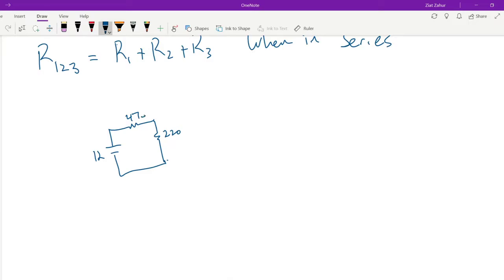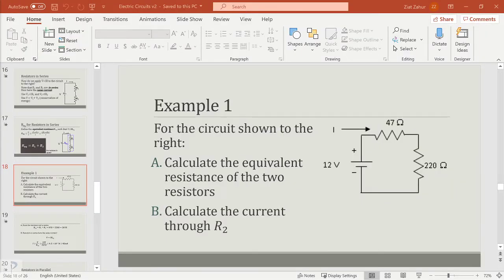It's 47 ohms, 12 volts. So the total should be 47 plus the 220, which is 267 ohms. And in the next question, in part B, it says find the current through R2.